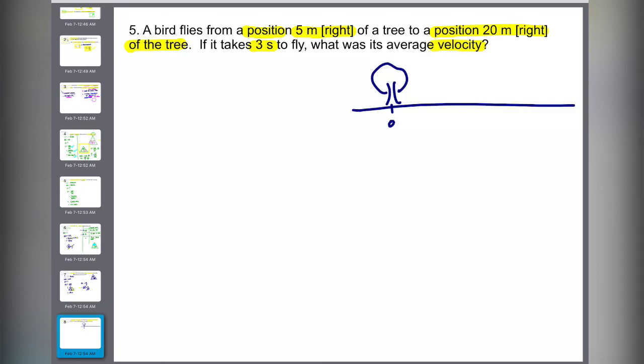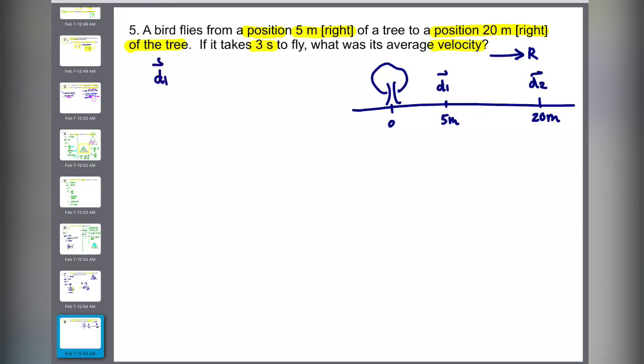They tell you that you have a bird that started at 5. I'm assuming right to be positive. I am at 5. This is my d1, the first position of the bird, which is 5 meters right of the tree. Then you have it flying to a position 20 meters right of the tree. So I can use the same number line, right? d1 and d2. And it takes 3 seconds. So what is the average velocity?